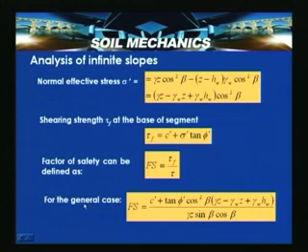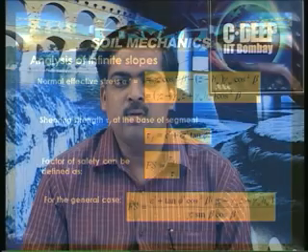For the general case, substituting sigma dash, we get factor of safety equal to c dash plus tan phi dash into cos square beta into (gamma z minus gamma w z plus gamma w HW), divided by gamma z sin beta cos beta. So this is a general expression for infinite slope stability analysis. Let us look into different cases and see how the factor of safety varies.